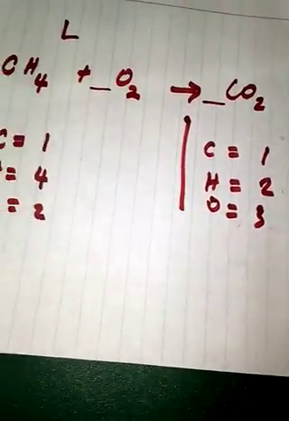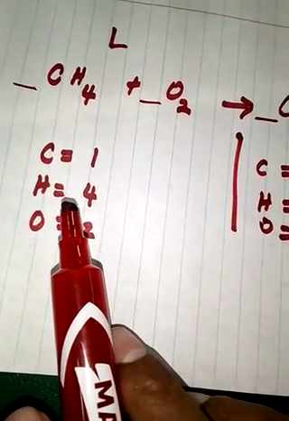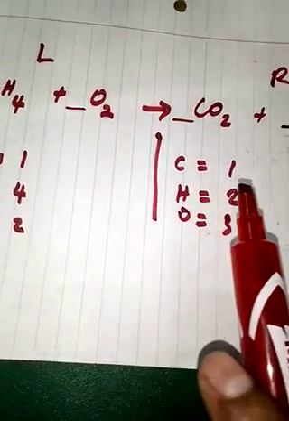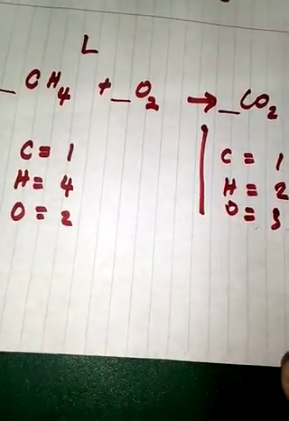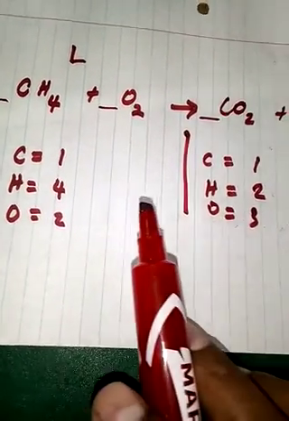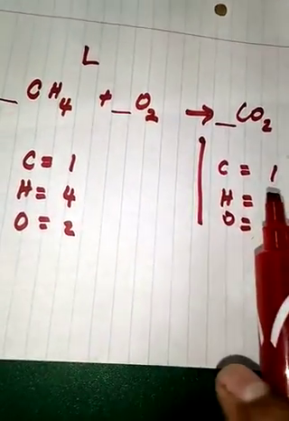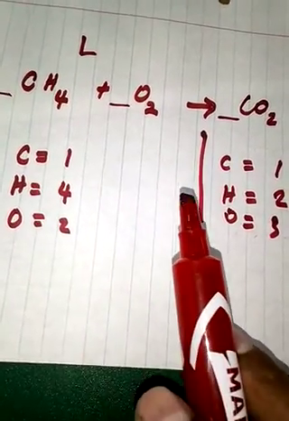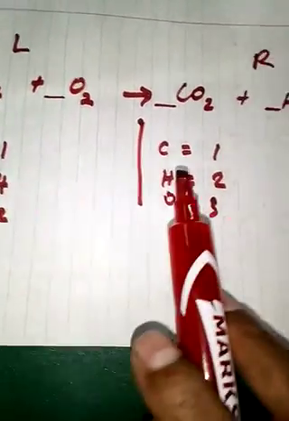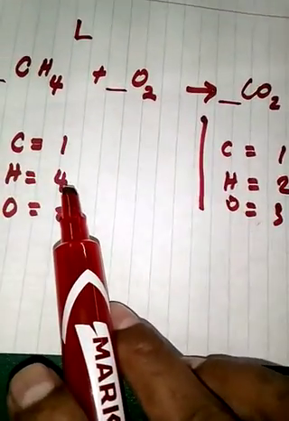Now look at hydrogen. Hydrogen here is 4 and hydrogen there is 2. There is a common factor there, because 2 can go into 4.